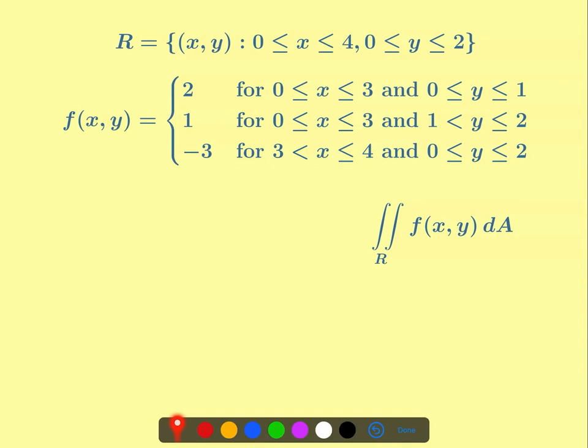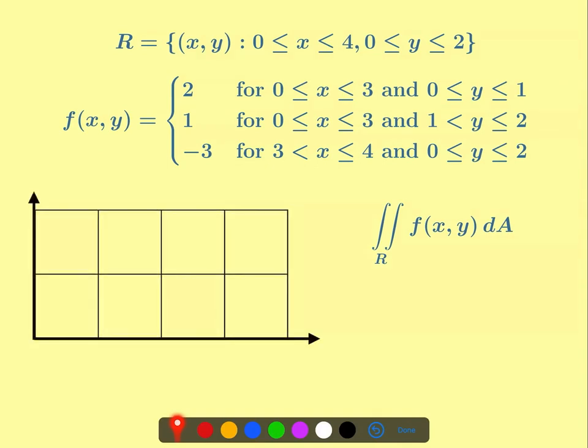So let me draw a picture. I have y between 0 and 2 and x between 0 and 4. For each x between 0 and 3 in this range, and y between 0 and 1, so just this part here, the function is 2. So I'll shade that in and put a 2 there.